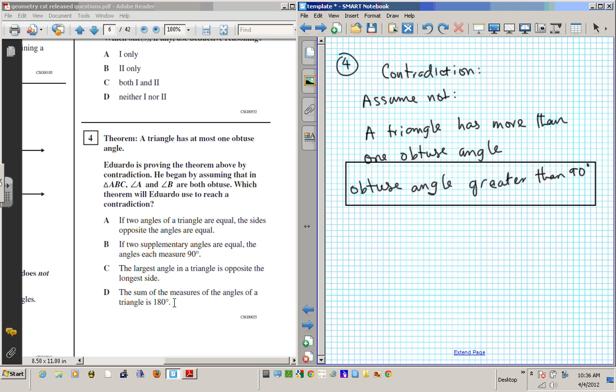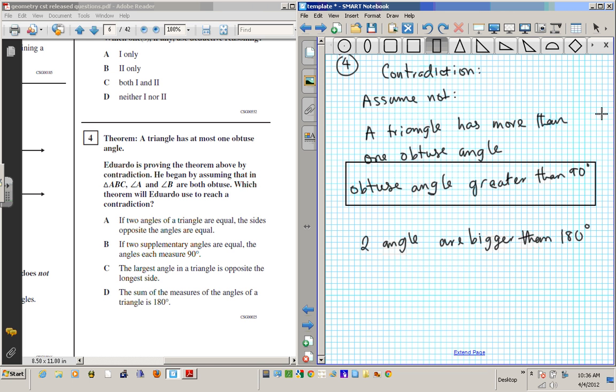Wait a minute. If two angles are bigger than 180, for example, let's say we have a triangle like this. So let me just get a triangle for you.